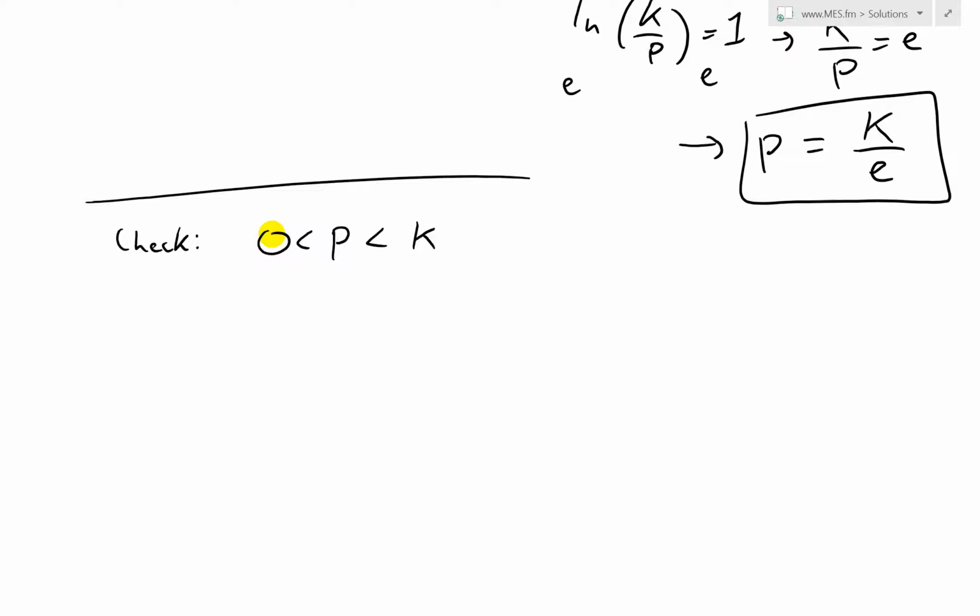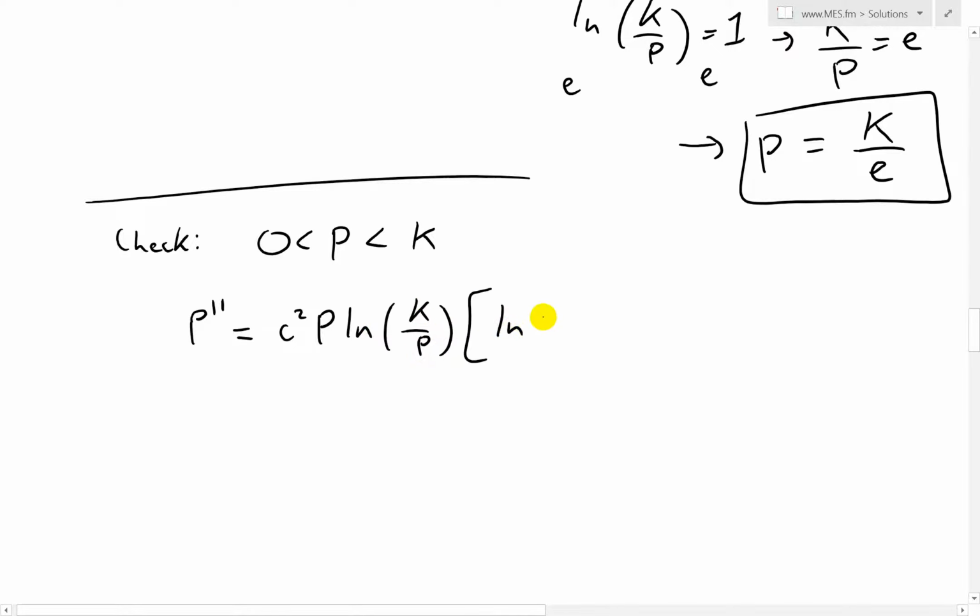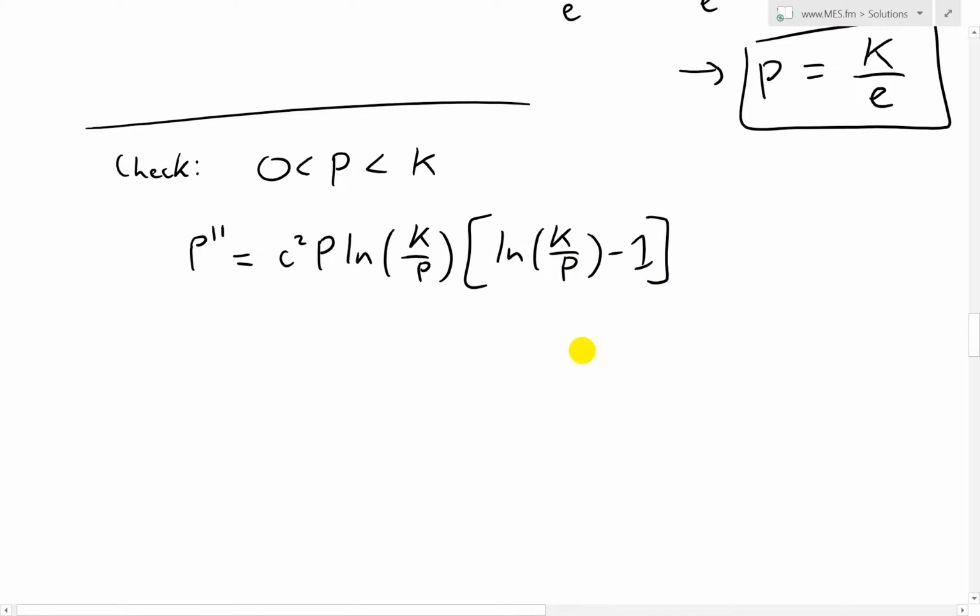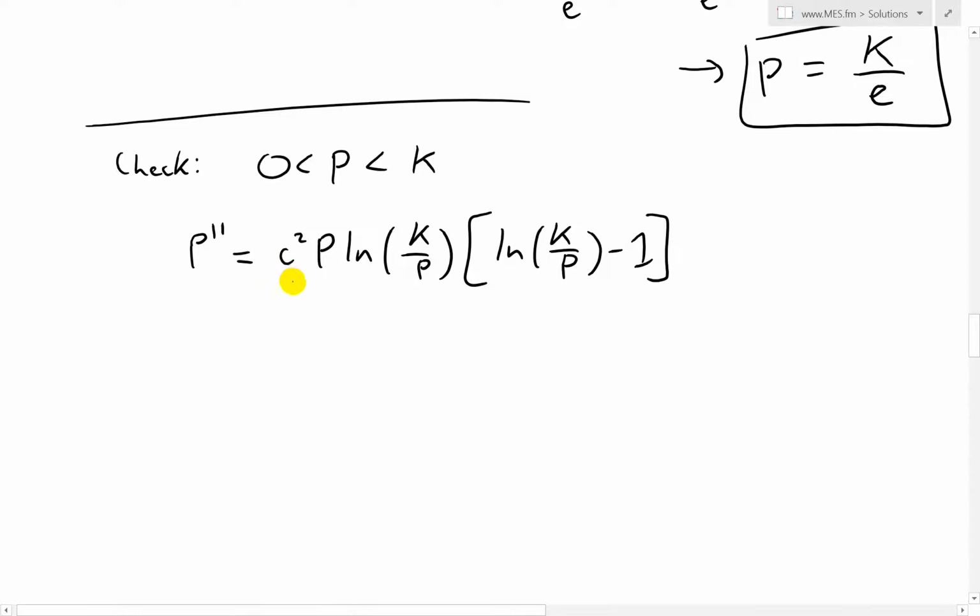For this interval, we have the second derivative, which equals 2 c squared P ln K over P, times ln K over P minus 1. Now we have to look at the signs. First, c squared is positive and P is positive, so this part is positive.